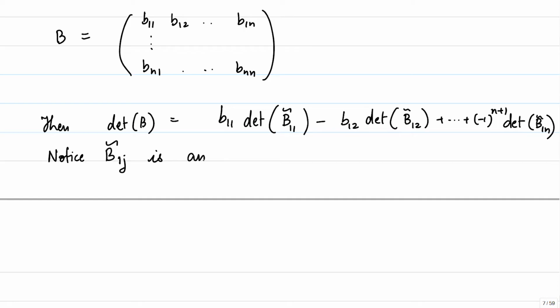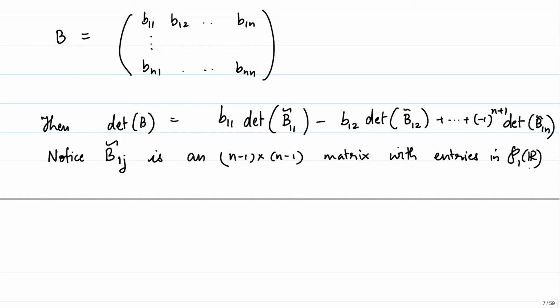B12 tilde was the matrix obtained by deleting the first row and the second column, and so on. So B1j tilde is an n minus 1 cross n minus 1 matrix with entries in P1 of R. Remember that all the entries are polynomials of degree less than or equal to 1.